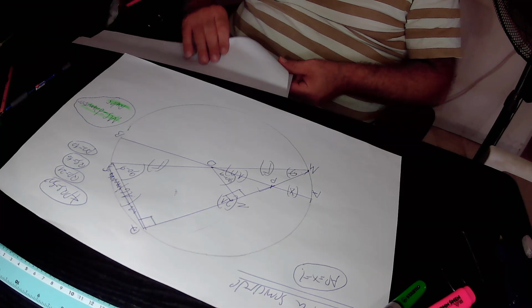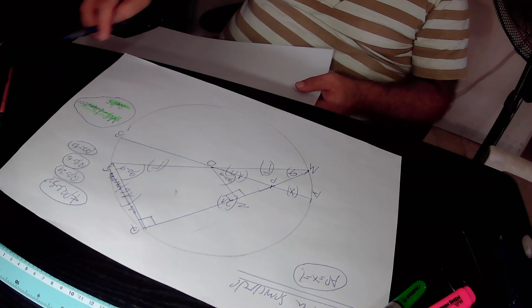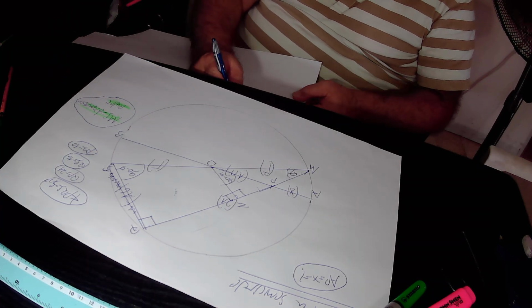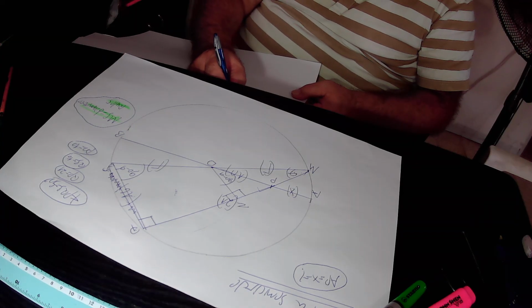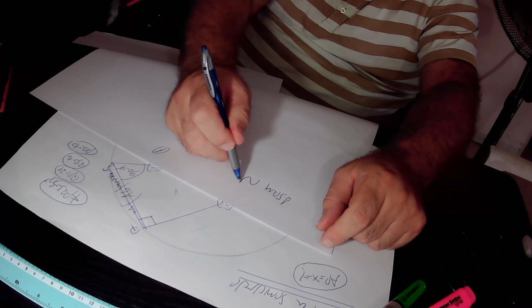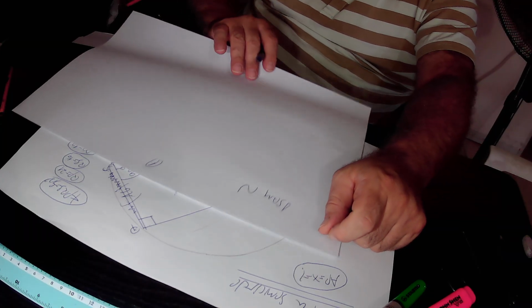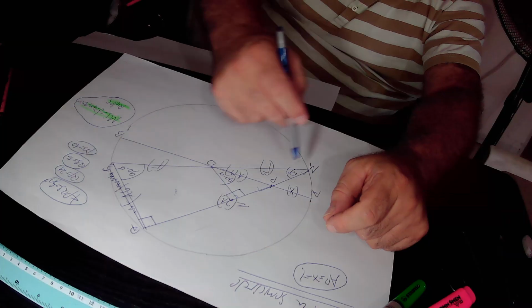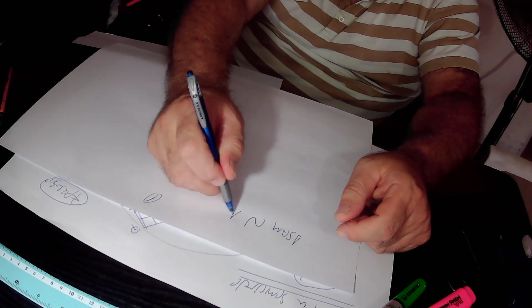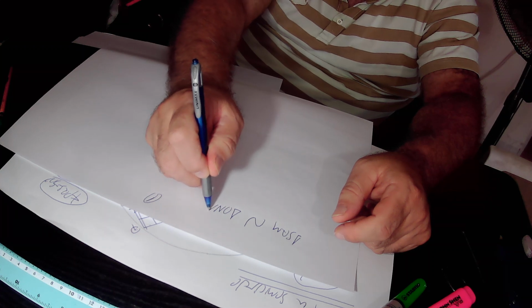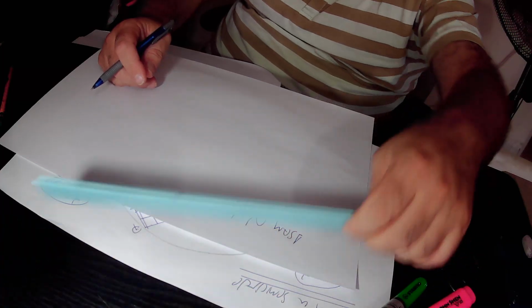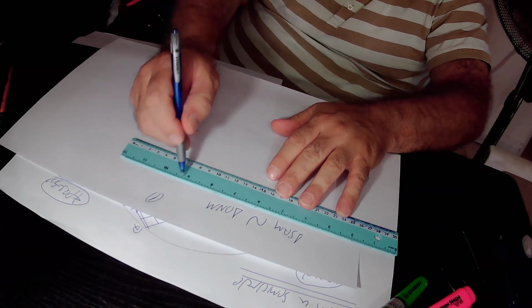We actually found out that the big right triangle SQM is similar to the small right triangle ONM according to the angle similarity rule.